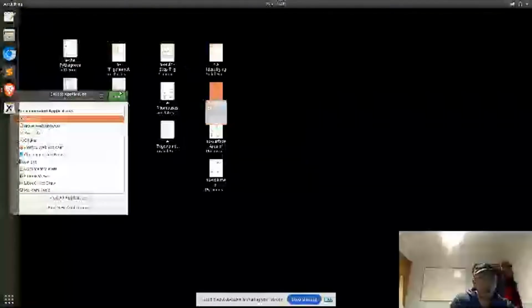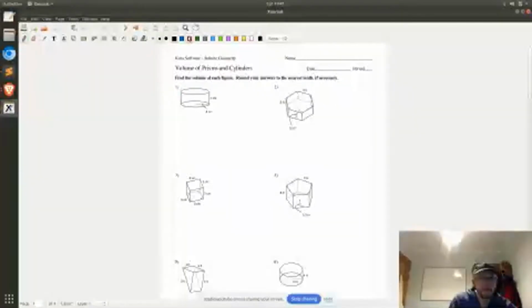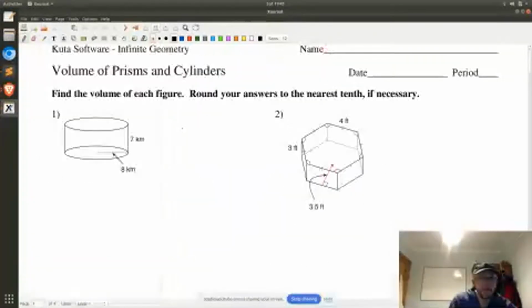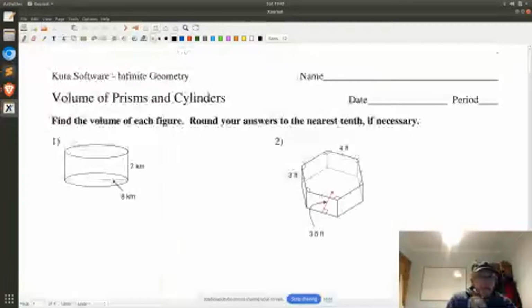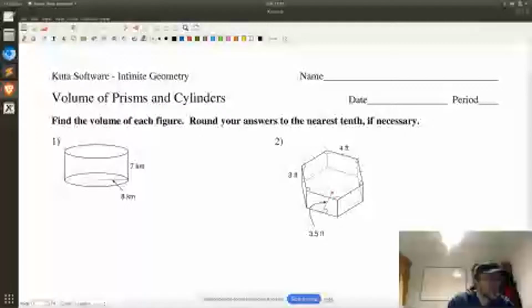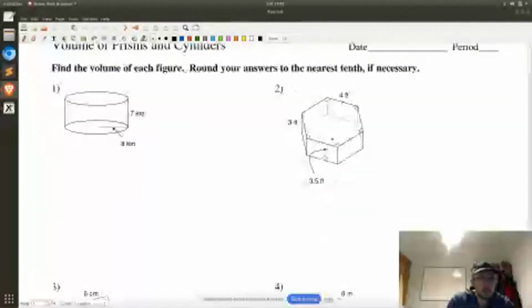Now, more interesting. Finding the volume of each figure, rounding your answer to the nearest tenth as necessary. 14, not bad. So using pi r squared to obtain the base, then we multiply that by 7.